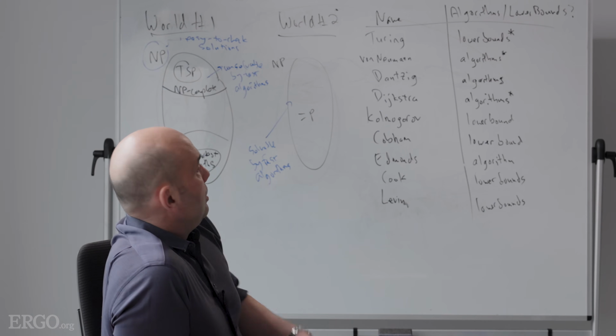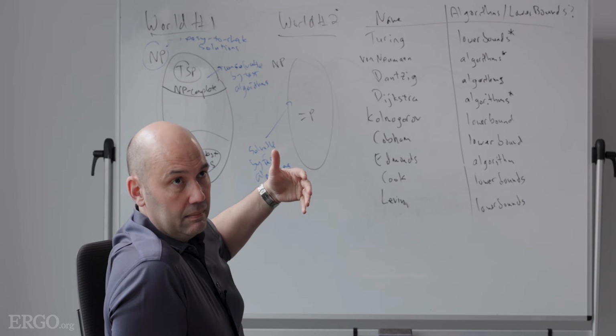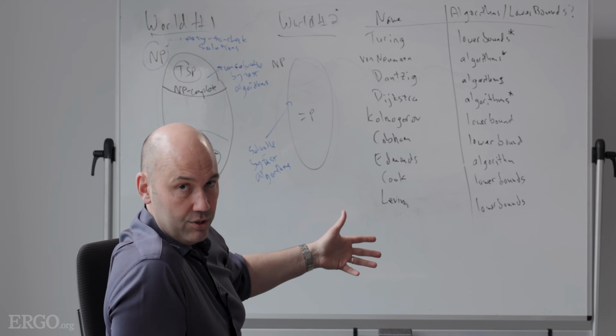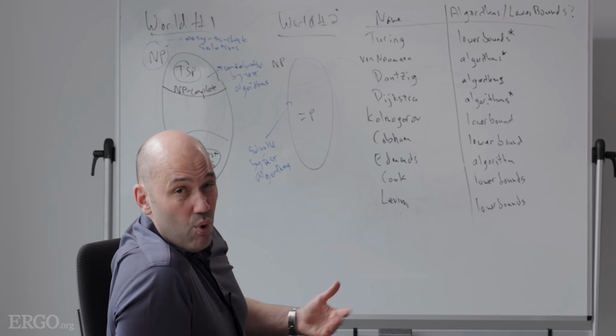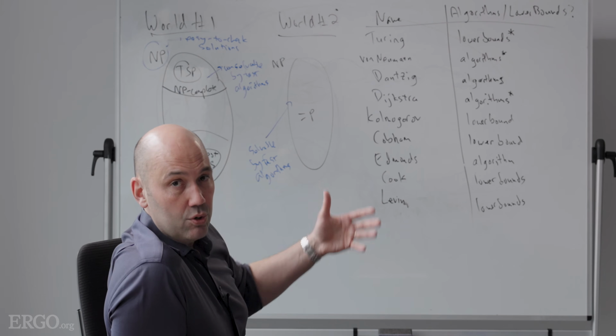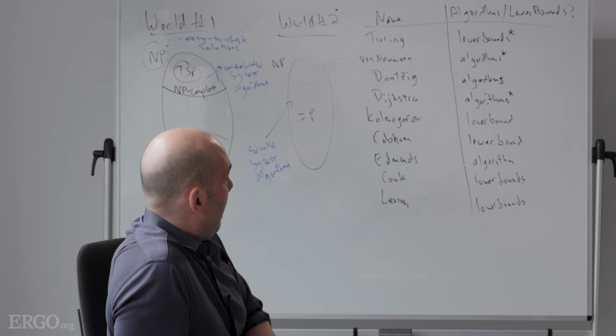Again, you had researchers focused really on algorithms, figuring out ways for computers to solve particular problems faster and faster, more with the engineering mindset. And then from the more pure math mindset, you had researchers focusing on lower bounds, trying to establish limits on what could possibly be done with algorithms.